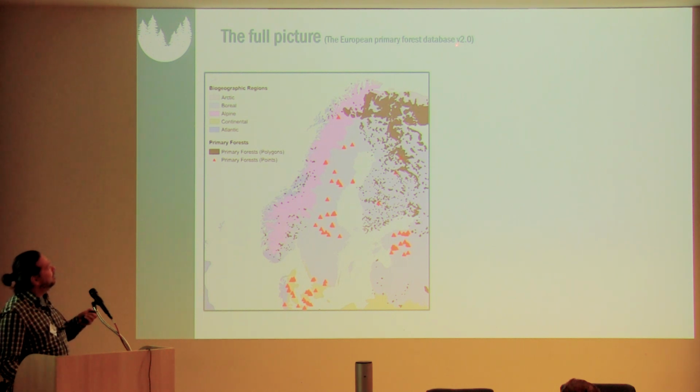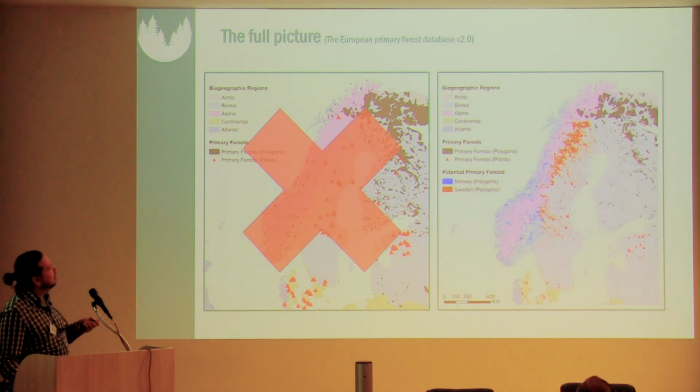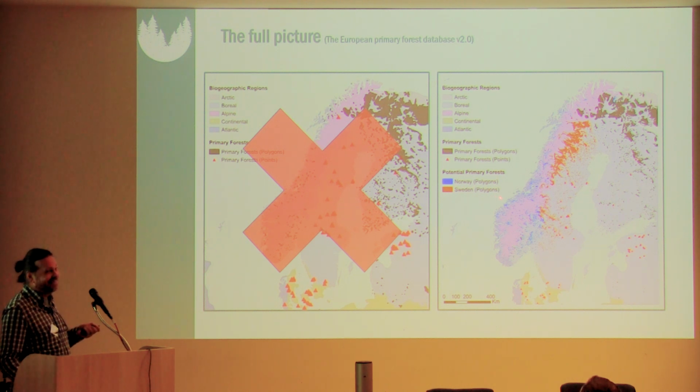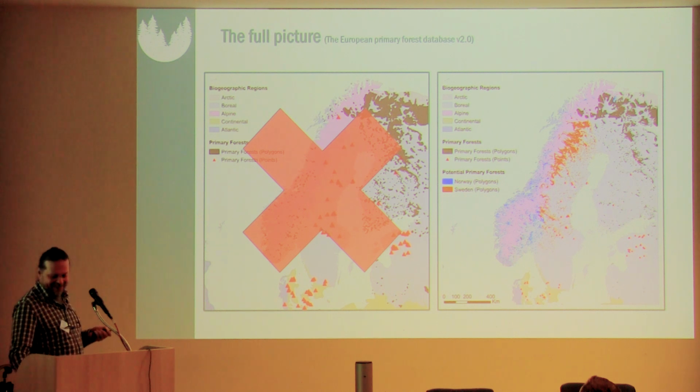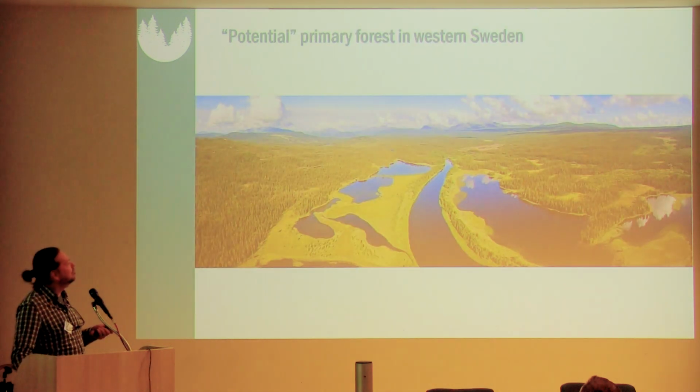I went to this database and had a look, and actually this is also found in the database, and this coincides perfectly with how it actually looks in Sweden. We have quite a lot of old-growth forest and pristine forest in Sweden. So please, if you show this again, use this one rather than this one. It makes a huge difference for the messages you give. Okay. Thank you.